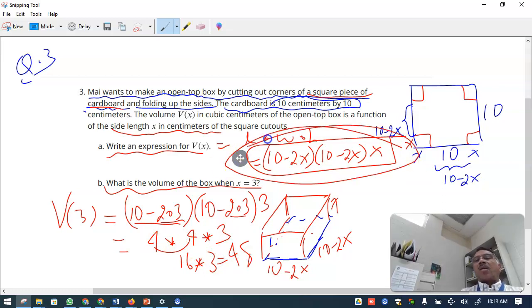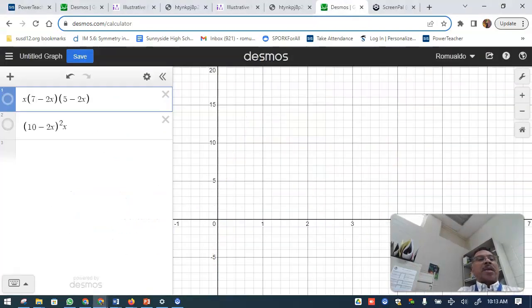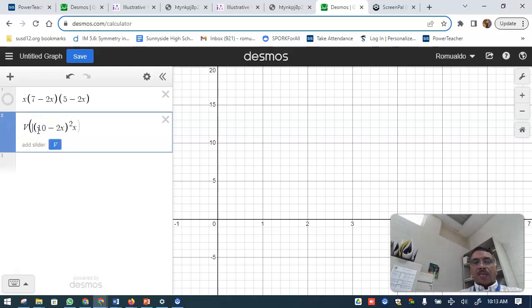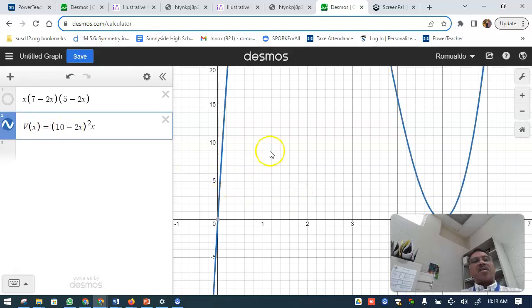Now this expression I also thought of showing in Desmos.com. How does it look? So if I take this off, here I have written down 10 minus 2x because it is twice. Both the length and the width are the same. So I put this as the volume, and I can always write V(x) this way. V(x) is this and I just want to see the graph. This is how the graph looks.